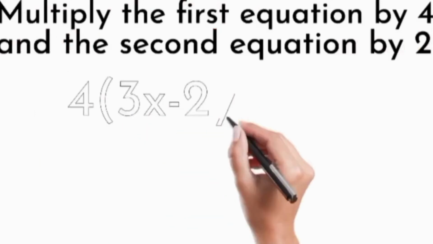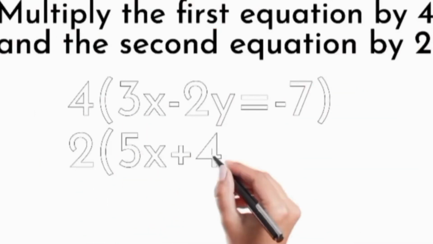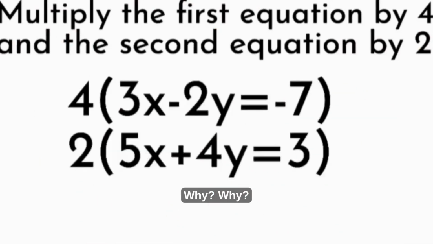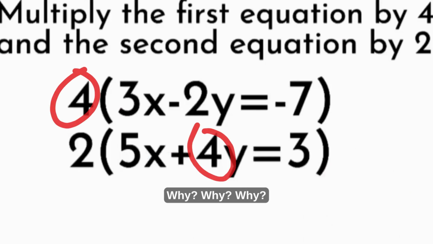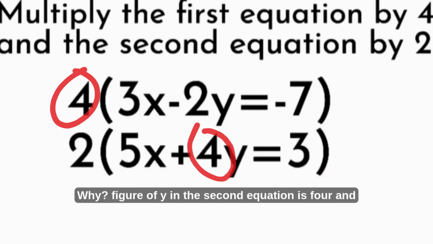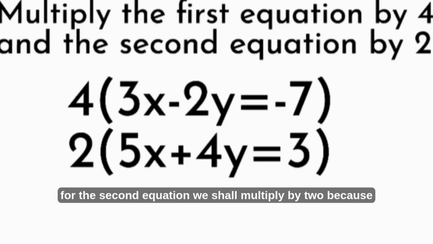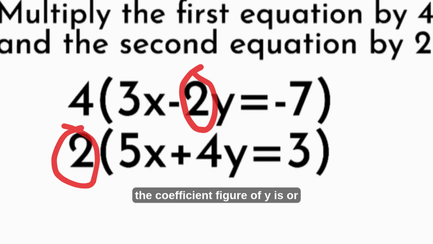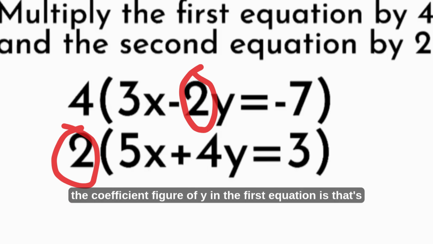So we have to multiply the first equation by 4 because the coefficient figure of y in the second equation is 4, and for the second equation we shall multiply by 2 because the coefficient figure of y in the first equation is 2.